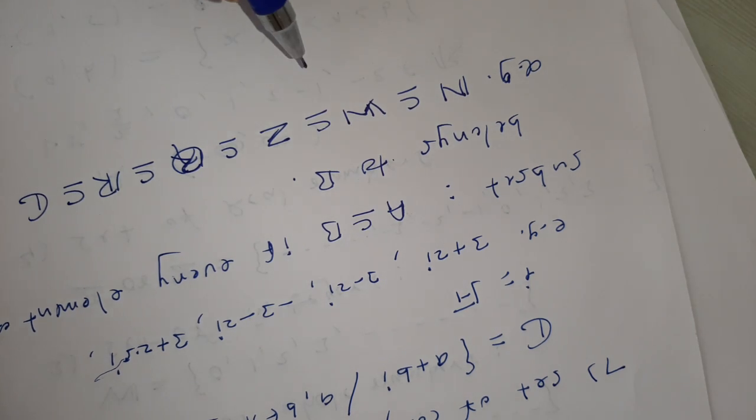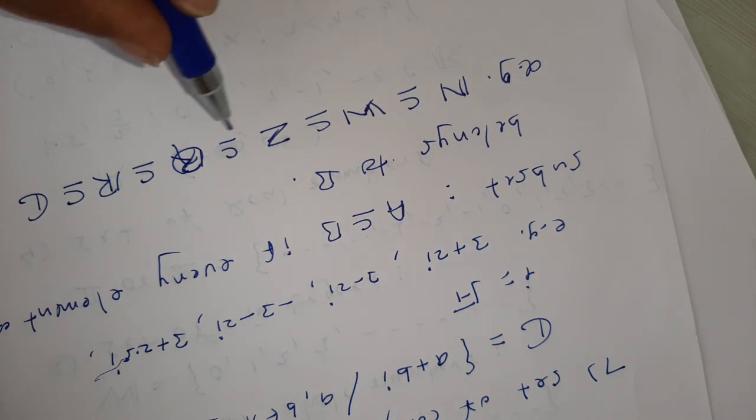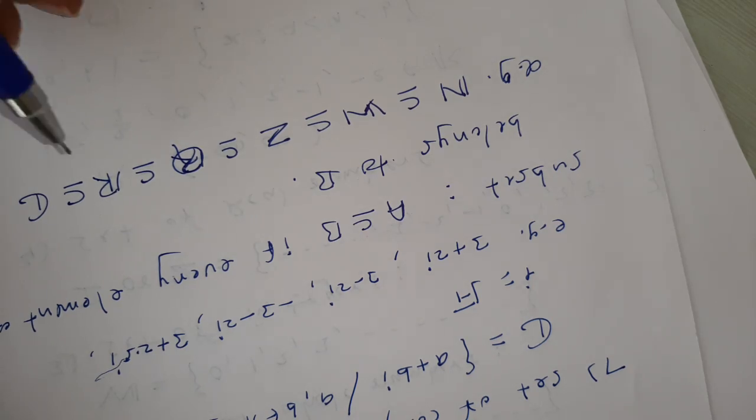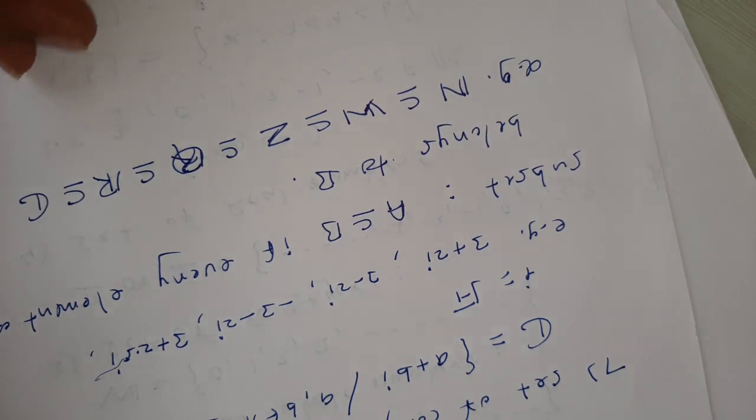That is, every natural number is an integer, every integer is rational, every rational is real, every real is a complex number.